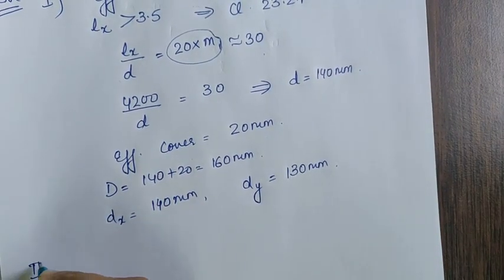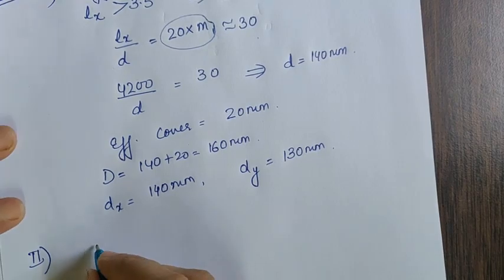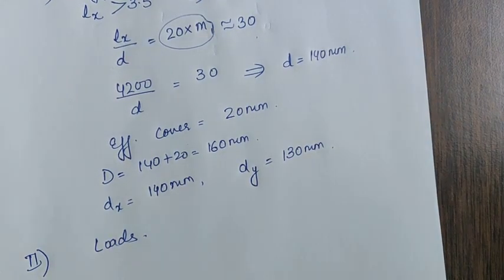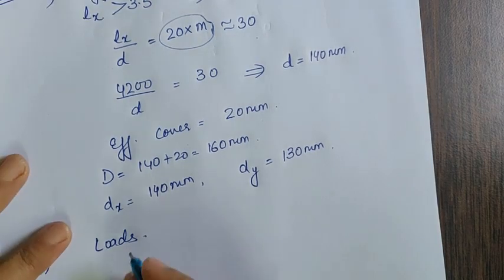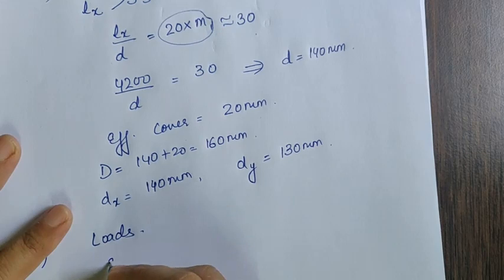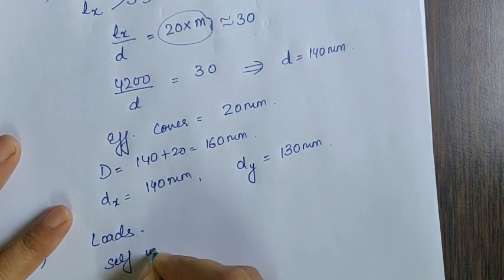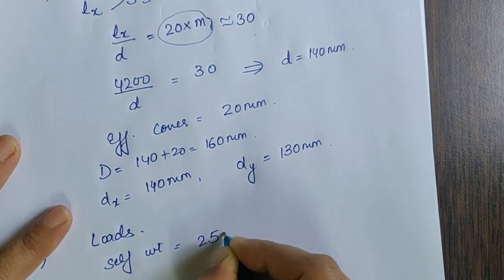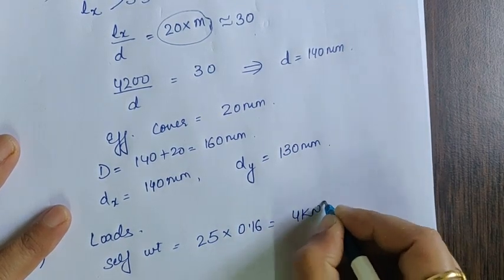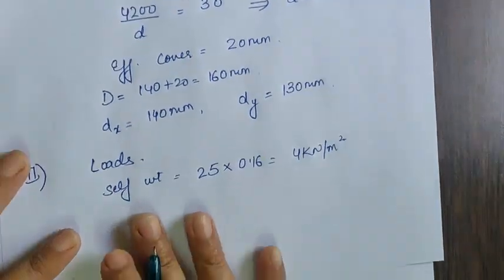Second step is getting the loads. So the loads will consist of self weight. Self weight is 25 into 0.16, that is overall depth. So this comes out to be 4 kilonewton per meter square.